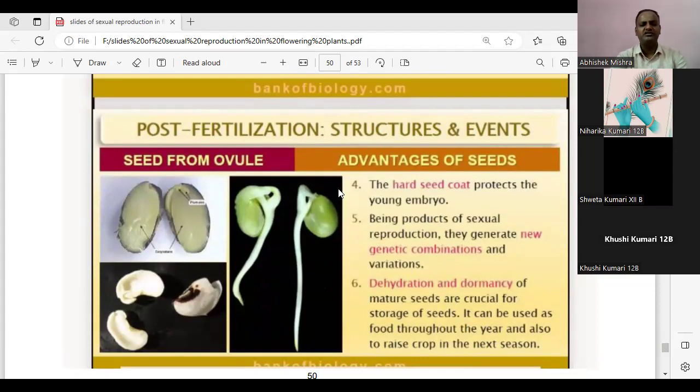Students, you have already studied the chapter Principles of Inheritance and Variation. What is genetic combination? Anyone? Let me see how much you can recall. What is genetic combination? Anyone?